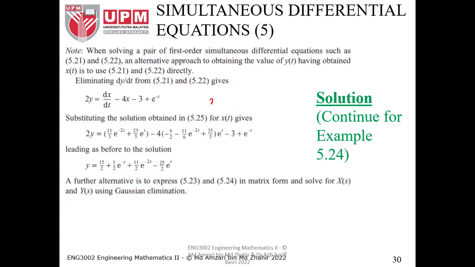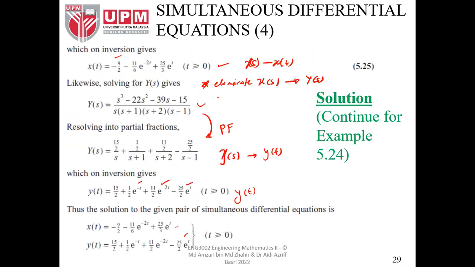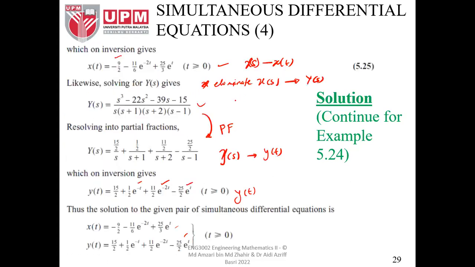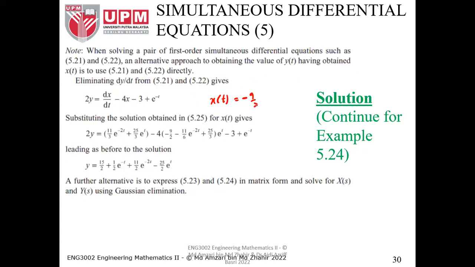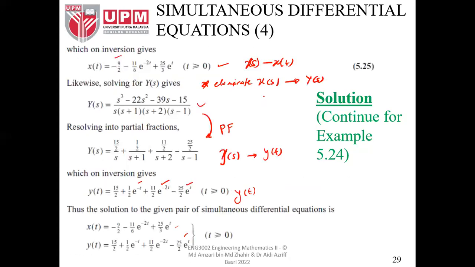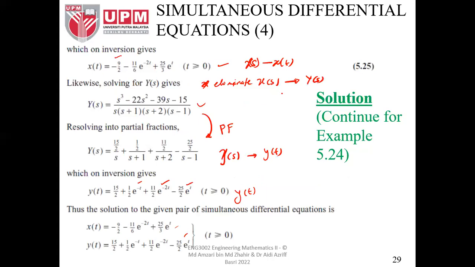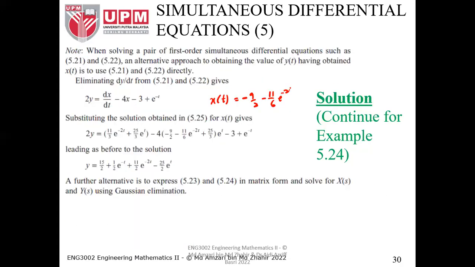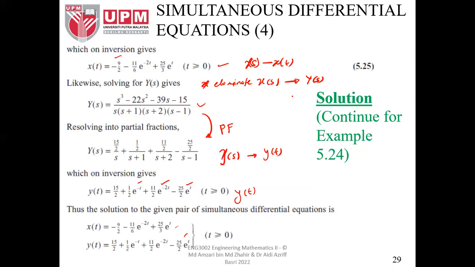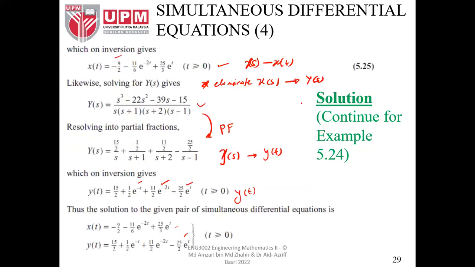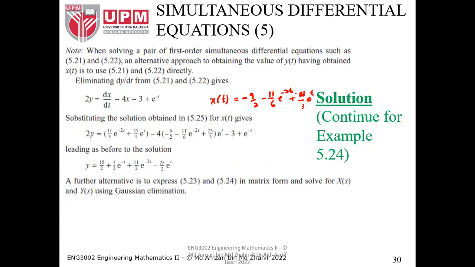Your x(t) is negative 9/2, minus 11/6 with exponent 2t, plus 25/3 with exponent t.